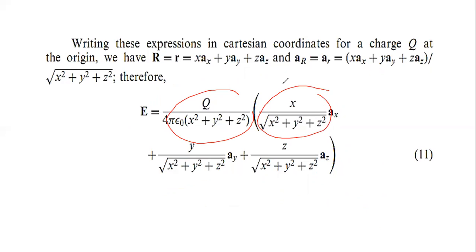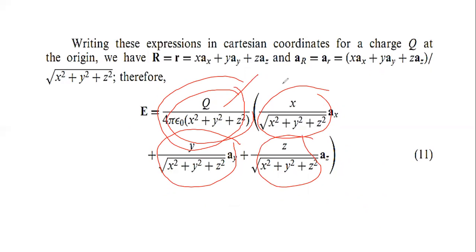Ey will be equal to q divided by 4 pi epsilon naught, x square plus y square plus z square into this term. Or Ez will be equal to q divided by 4 pi epsilon naught, x square plus y square plus z square into this term. So these will be the Ex, Ey and Ez components.